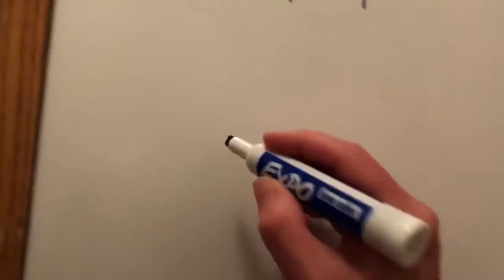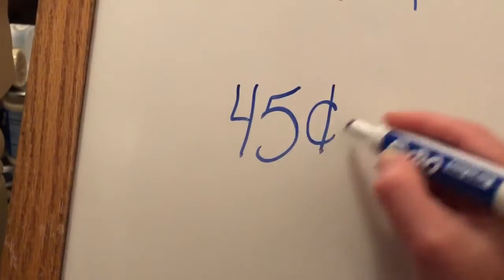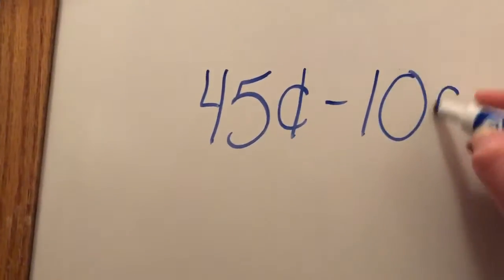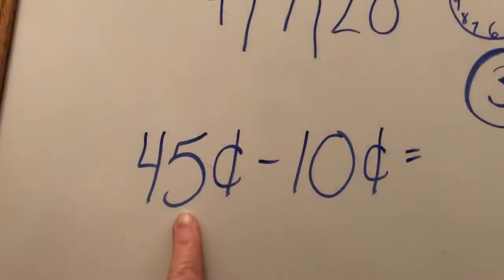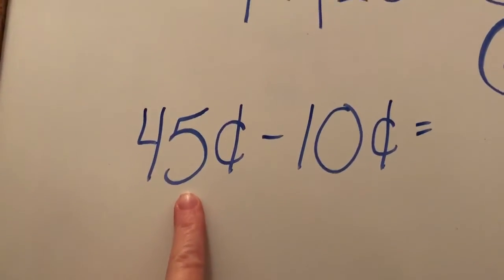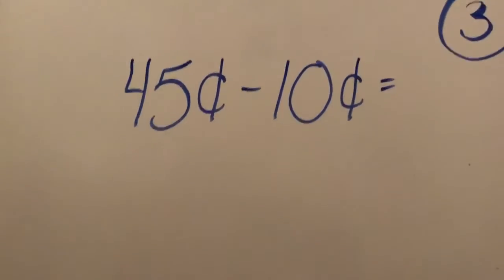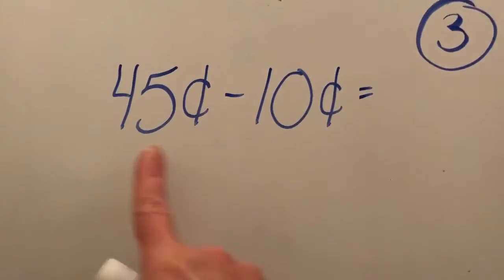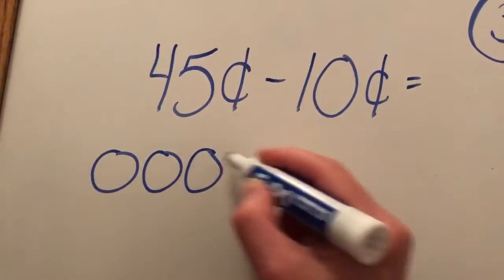Well, what if we added some ones in there? Let's do one that looks a little bit different. Let's do 45 cents minus 10 cents. So now we have ones, don't we? How many ones do we have? We have 5 ones. So what would that look like? Well, we would have how many dimes? 4 dimes.